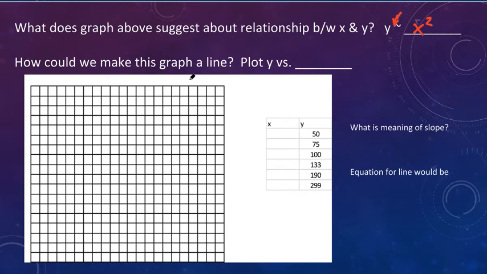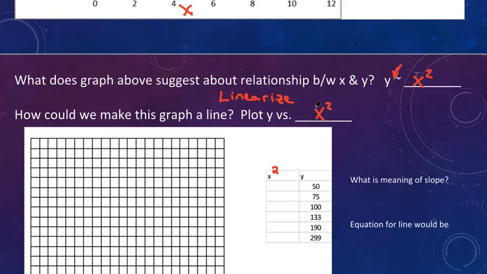If we want to make this graph linear, also called linearize, we're going to talk a lot more about this linearization. I take the same y values, so repeat those, and I'm going to plot it versus x squared. So I'm going to square all of my data.